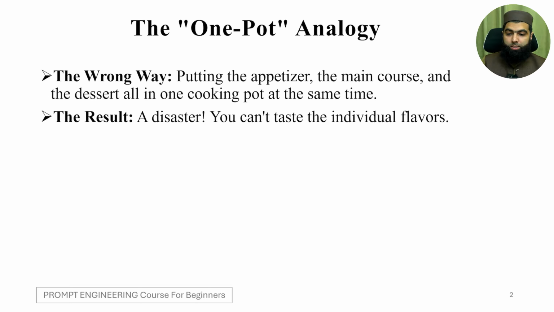The problem is disaster because you cannot taste the individual flavors. Of course, it will fill your stomach, but you will not enjoy the taste, because you have dumped everything in one single pot at the same time.